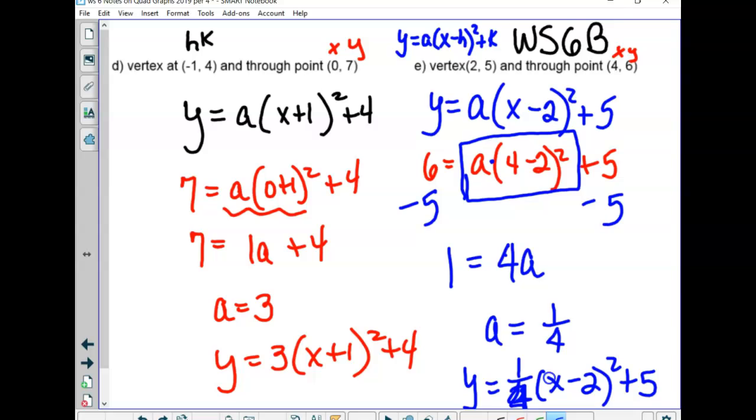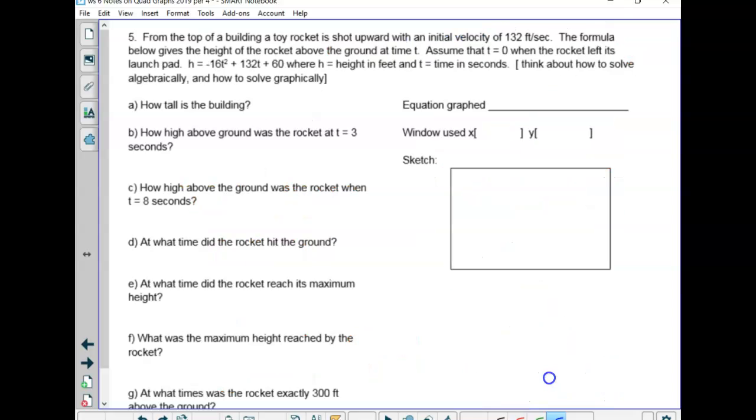All right, the rest of this worksheet is what I like to call a throw-up problem. We're given the formula here, and eventually we're going to talk about it as being the height of an object in terms of time.